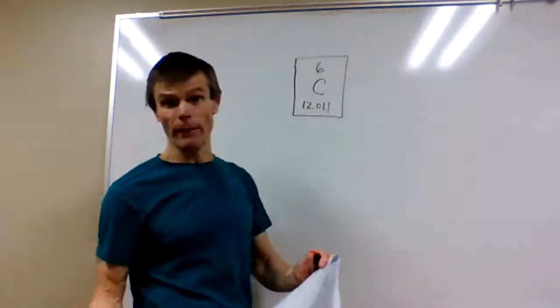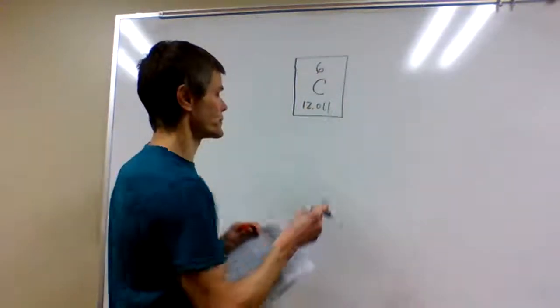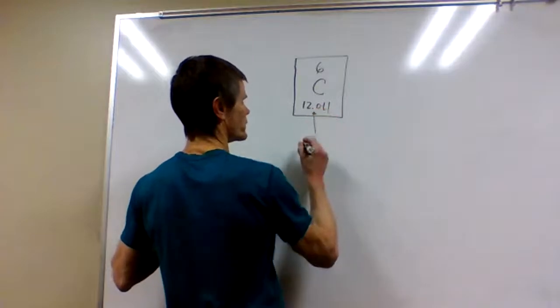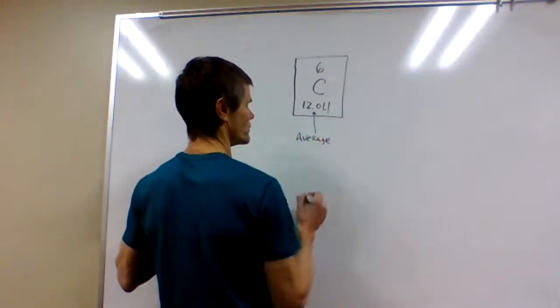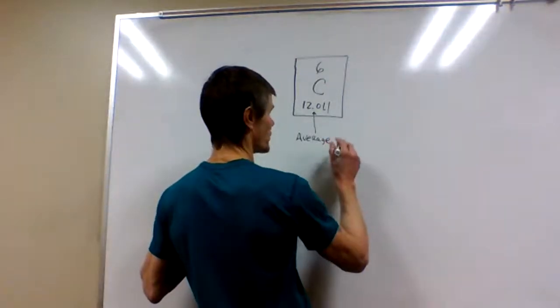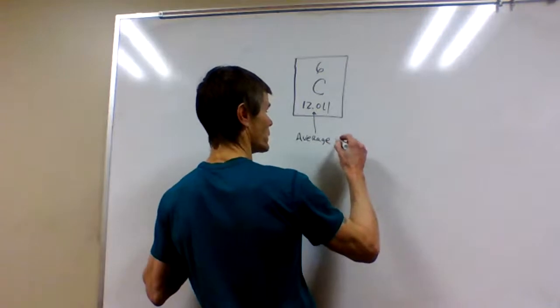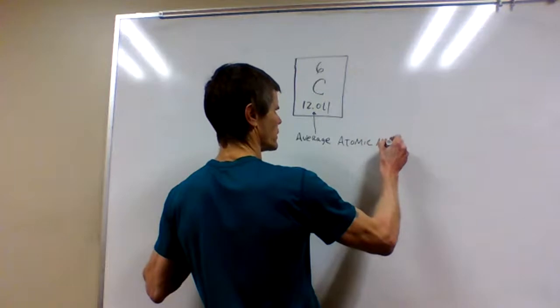Those are what we need to memorize. We talked about the atomic number as the number of protons. And the last part of this lecture, we're going to discuss more about this fractional number. This fractional number for carbon, 12.011, is the average atomic mass.